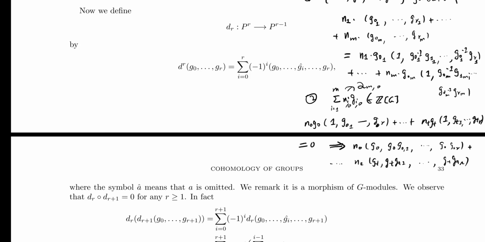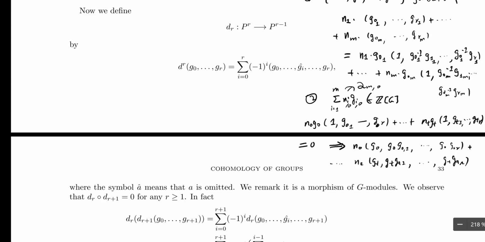You see, since those elements are all different, then those elements must be different. If any two of them are the same, it means g_0 equals g_t, for example.